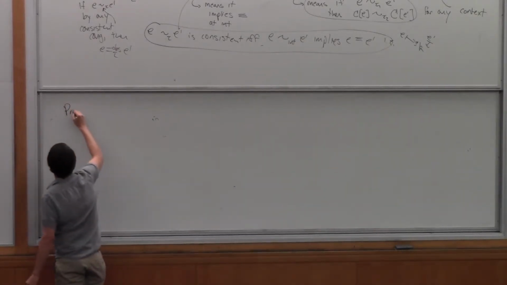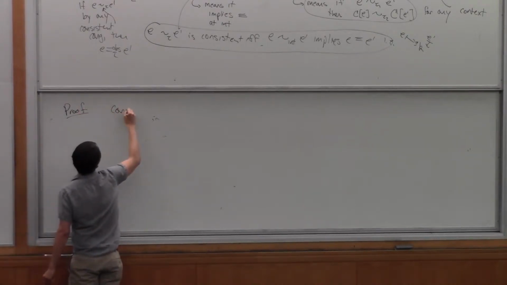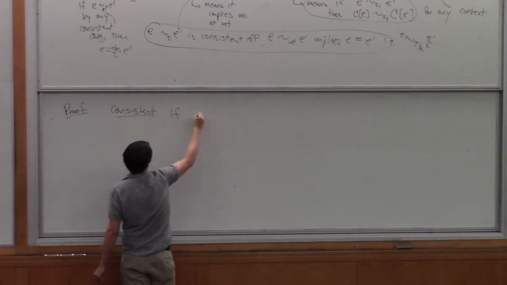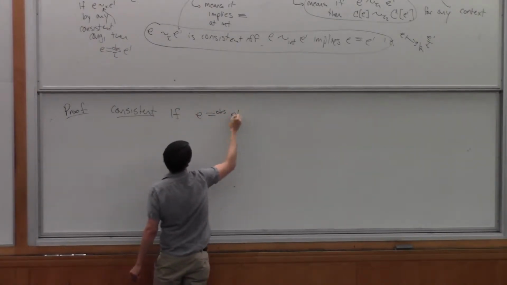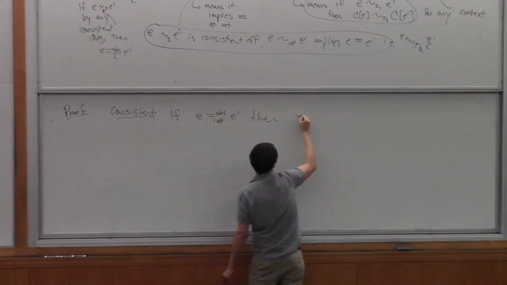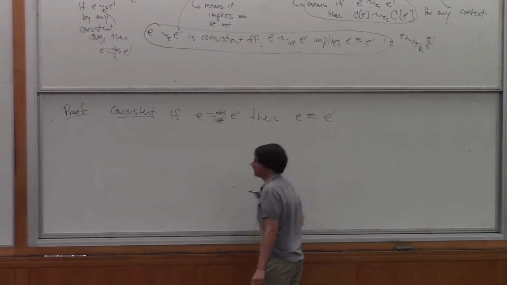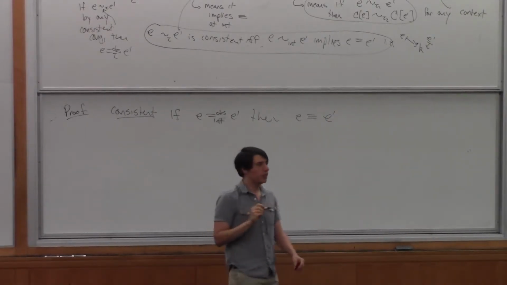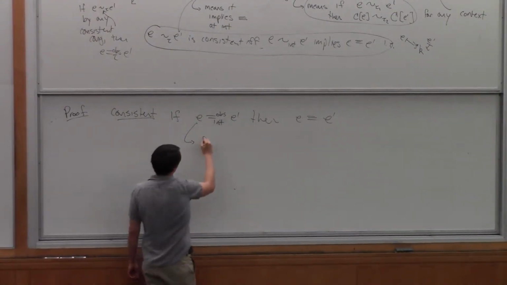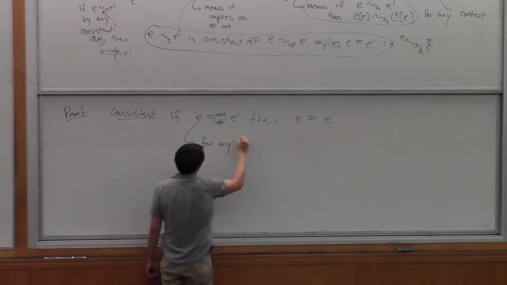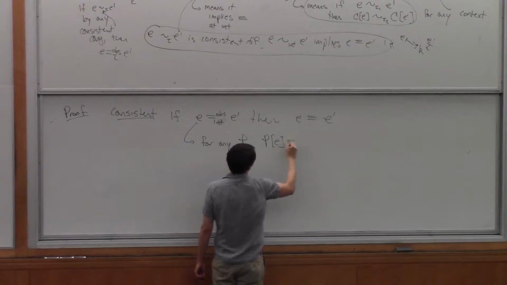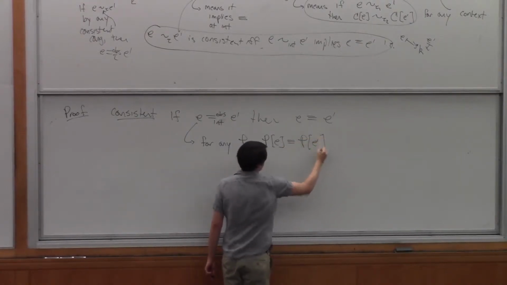Proof. Consistent. So what do we need to show? We need to show if E and E prime are observationally equivalent at type int, then E is cleanly equivalent to E prime. What does this mean by definition? For any context that you can put them in, P of E is cleanly equivalent to P of E prime.